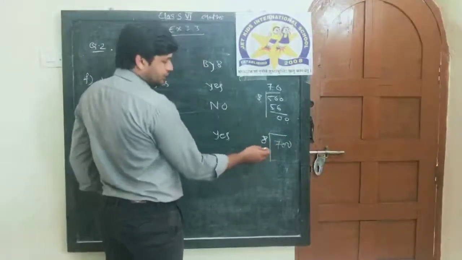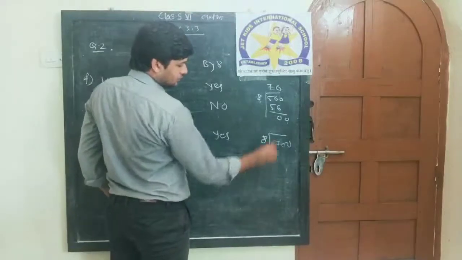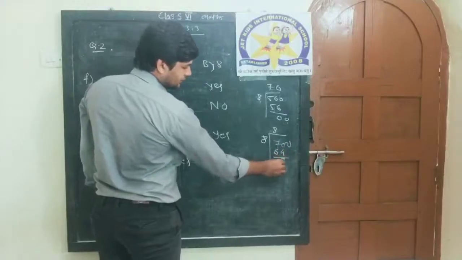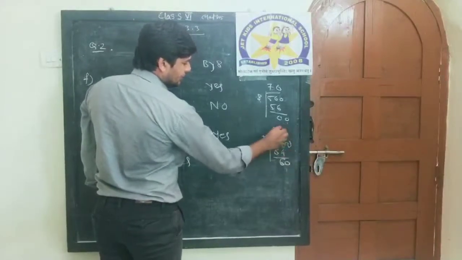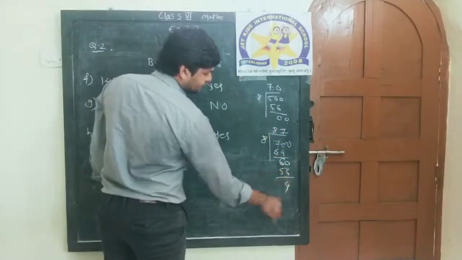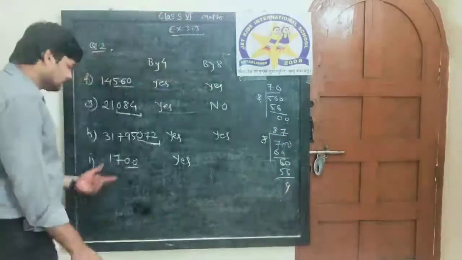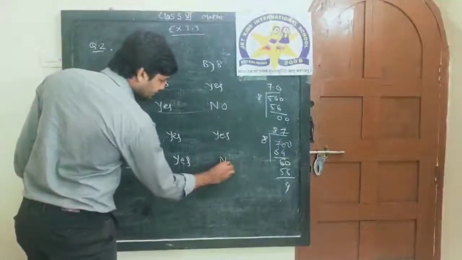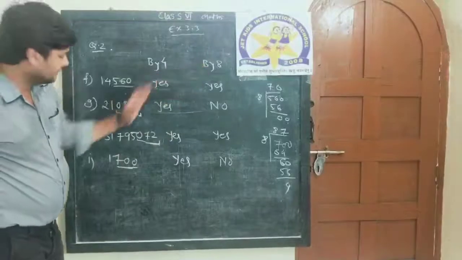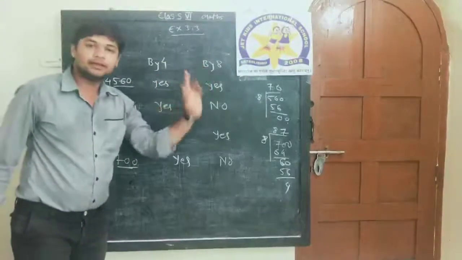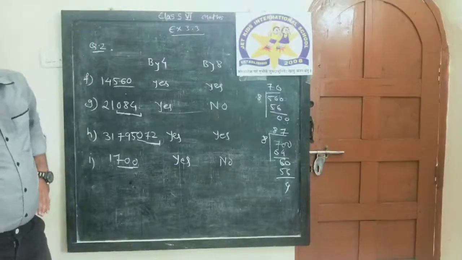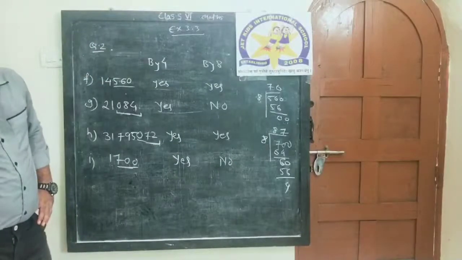Let us solve it. 8 8s are 64, remainder 6, then 0. 8 7s are 56, remainder 4. No, remainder is 4. It is not divisible by 8. If the last 3 digits are not divisible by 8 of any number, then the number will not be divisible by 8. Clear?